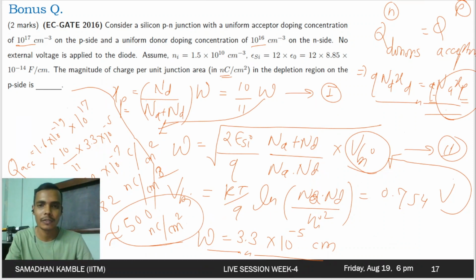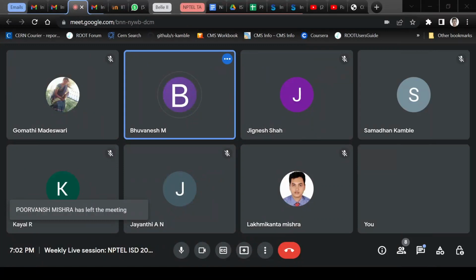Okay. So that's the difference. The surface charge density will have centimeter square or meter square in the denominator, and the volume charge density will have volume unit, that is centimeter cube or meter cube. Okay. Is it clear? Yes. Okay.